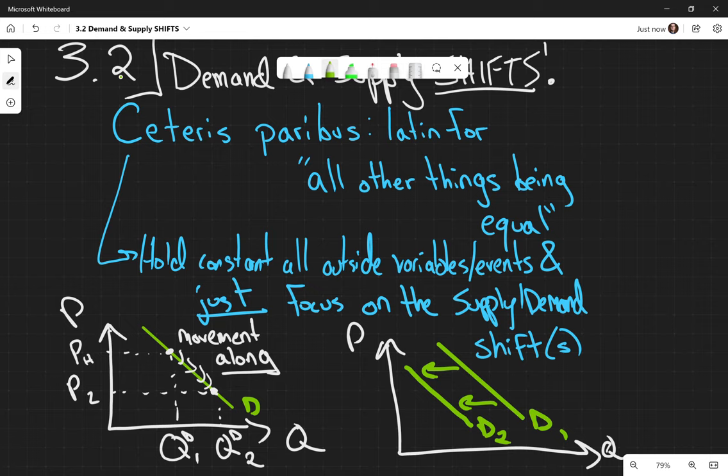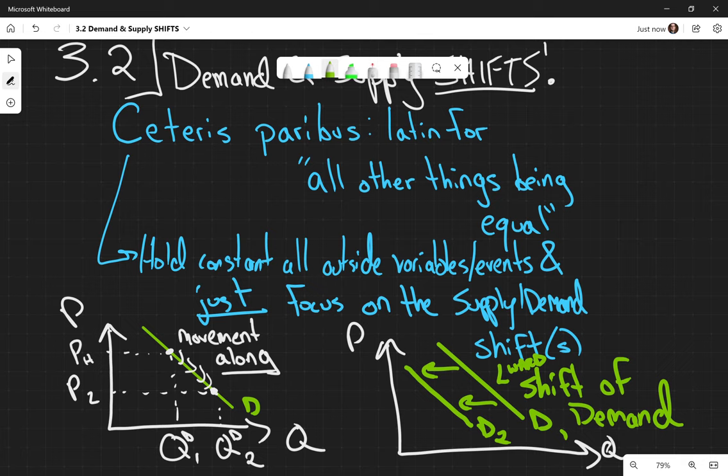As the price decreases, the quantity demanded increases. And this is a shift of the demand curve. And this one in particular is going to be a leftwards or an inward shift.